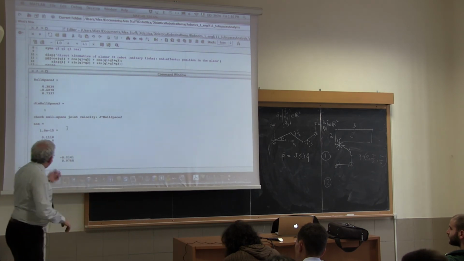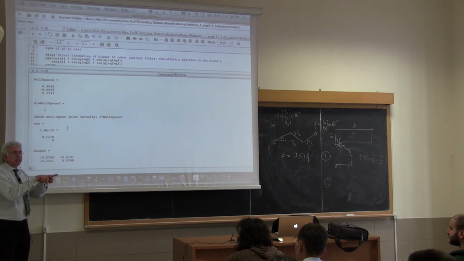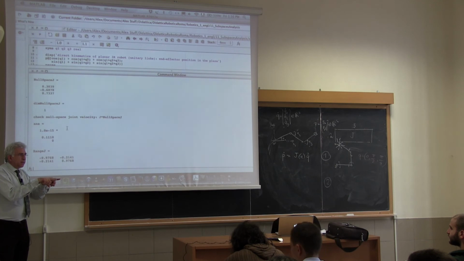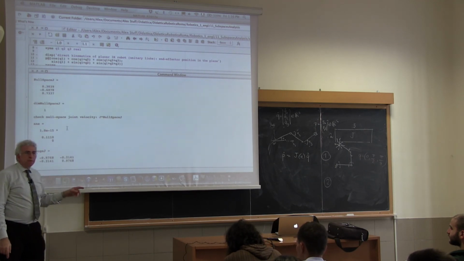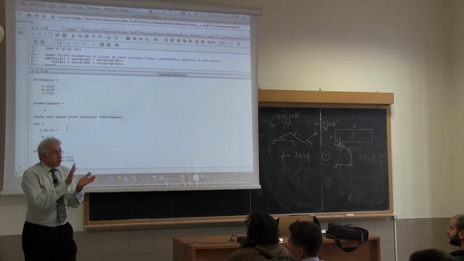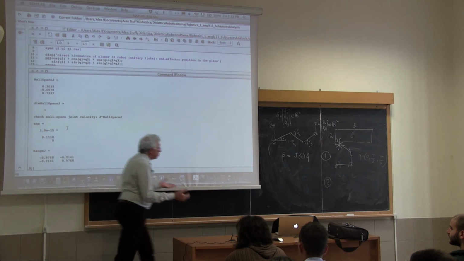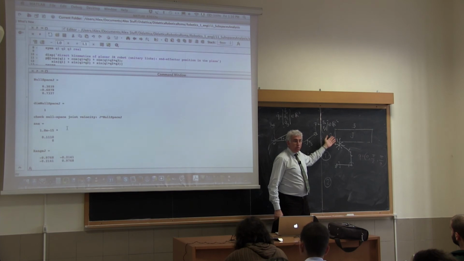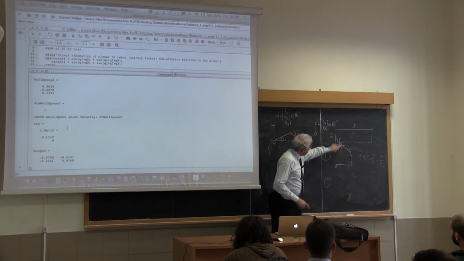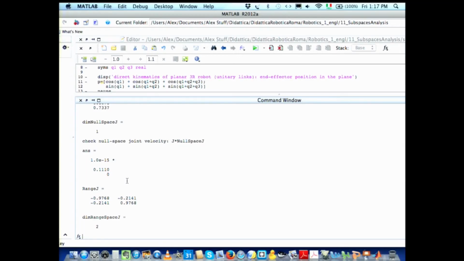So these are not really relevant per se as vectors. It just says that there are 2 independent vectors. They may not be orthogonal. In fact, they are not orthogonal, I guess. Okay, but they are independent, so this means that the range space has dimension 2. In fact, the rank of this matrix is 2, so I can generate any velocity at this level. So the dimension of the range space is equal to 2.